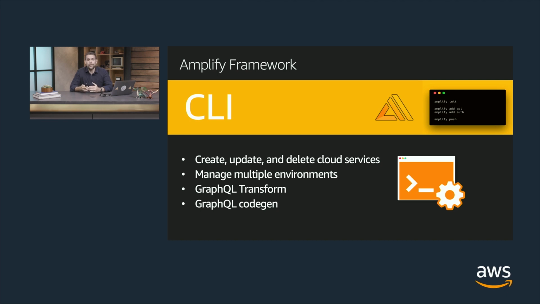Let's take a closer look at different parts of the framework, starting with the CLI toolchain. The CLI allows you to easily create, update, and delete different cloud services. It also supports multiple environments so you can have development sandboxes and shared environments with a team of developers. Finally, there are powerful built-in GraphQL tools to easily integrate and manage your AppSync API backend.